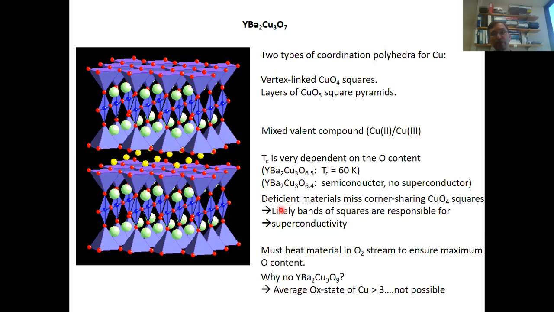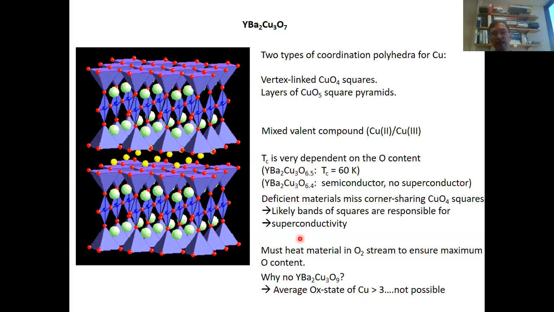So this is an argument why likely the bands of the squares are responsible for superconductivity. Therefore, when you prepare this compound, it is important to prepare it in an O2 stream to ensure the maximum oxygen content, which should be as close to 7 as possible.